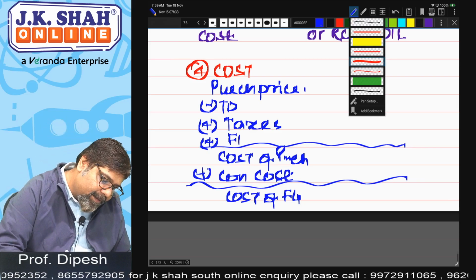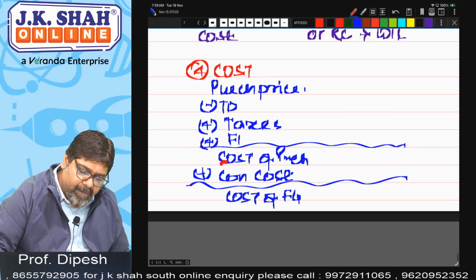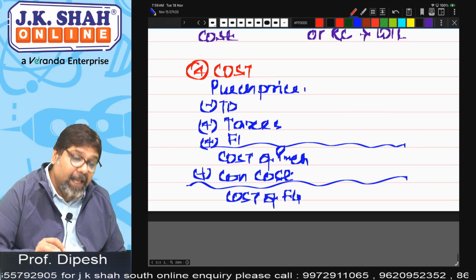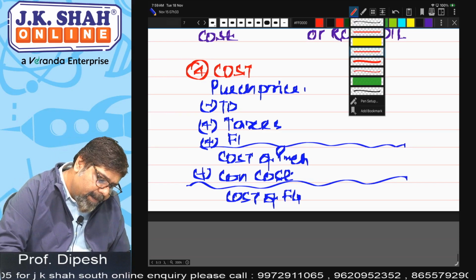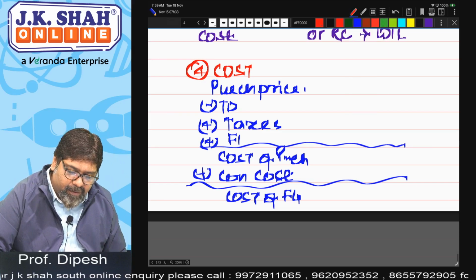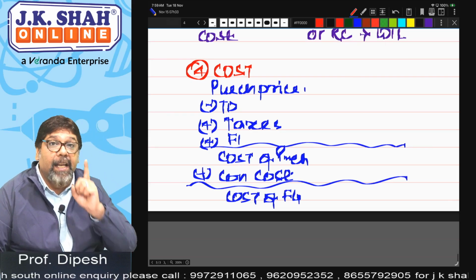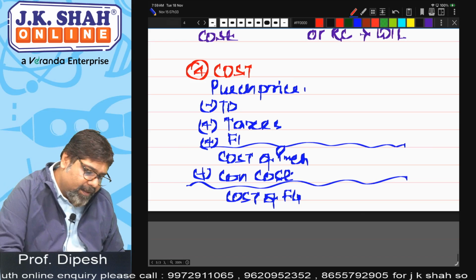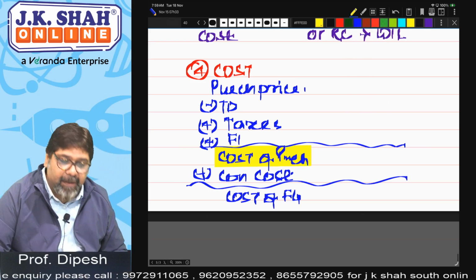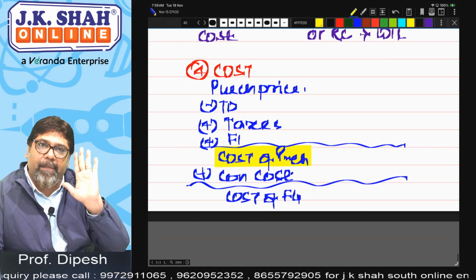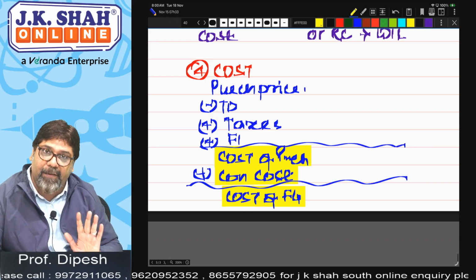Purchase price minus trade discount plus taxes plus freight inward will give you cost of purchases. If I am a manufacturer, then I will write cost of purchase of raw material, and this cost of purchase is cost of raw materials for me. Add cost of conversion, this will give me cost of finished goods.